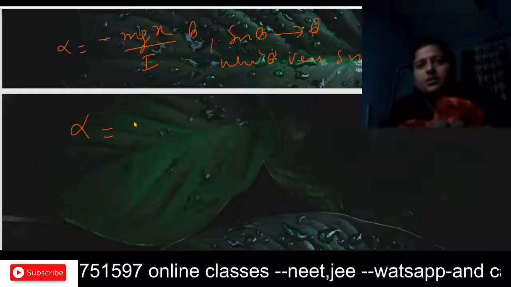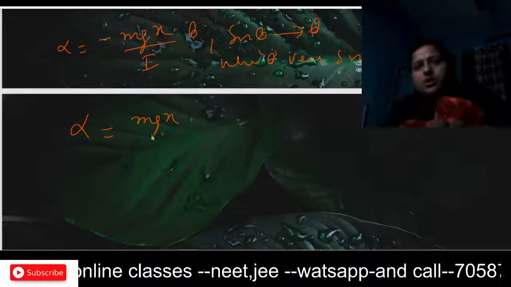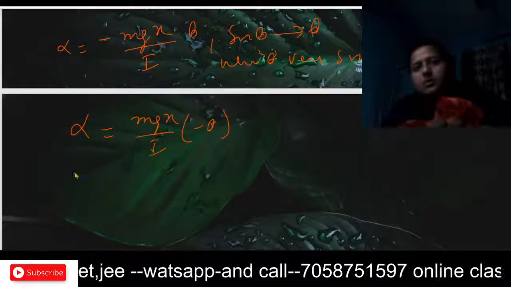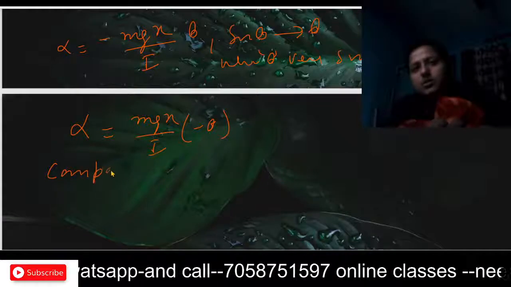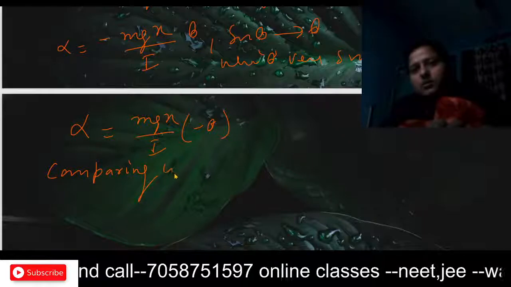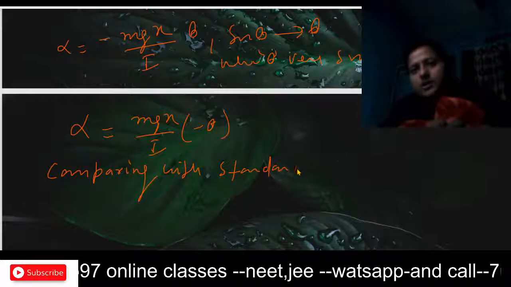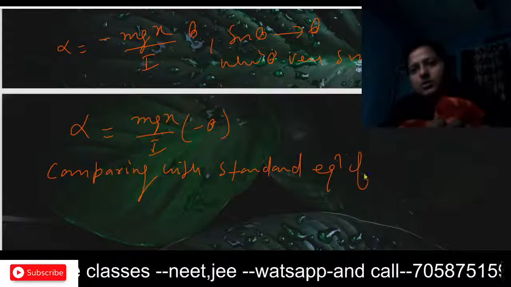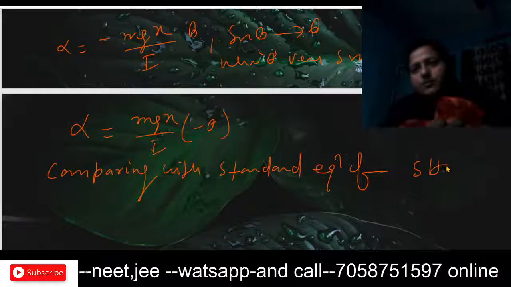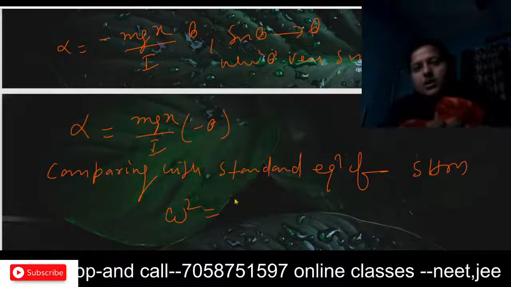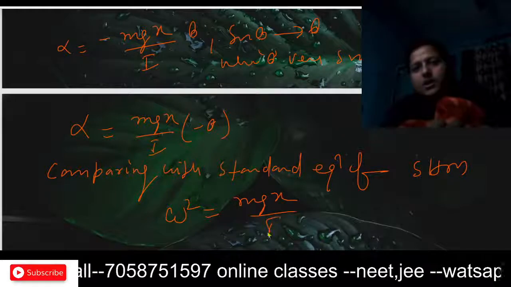So alpha is mgx over I into minus theta. Comparing with the standard equation of SHM, we can say omega square is mgx over I.